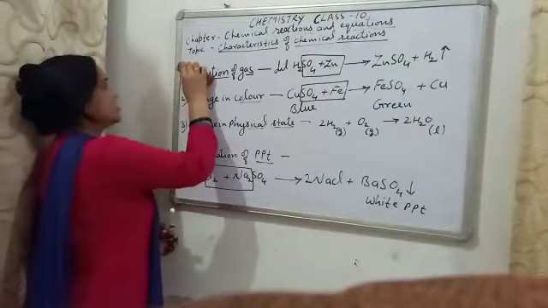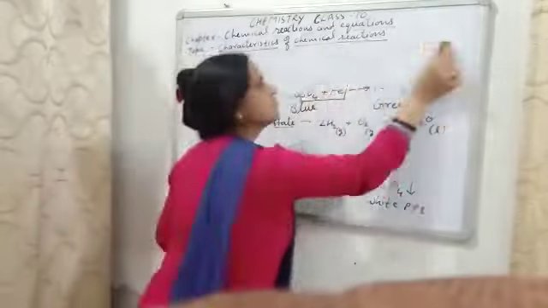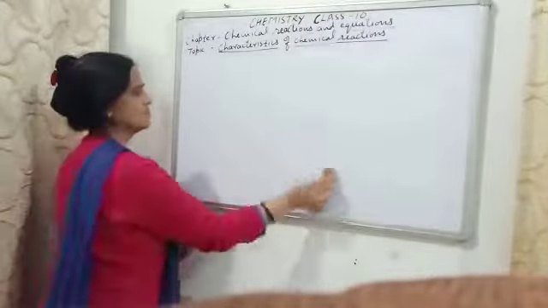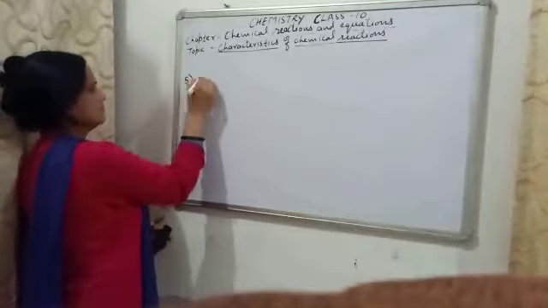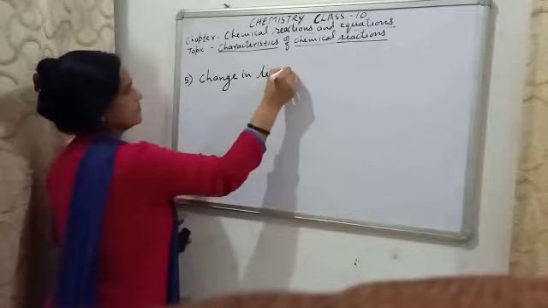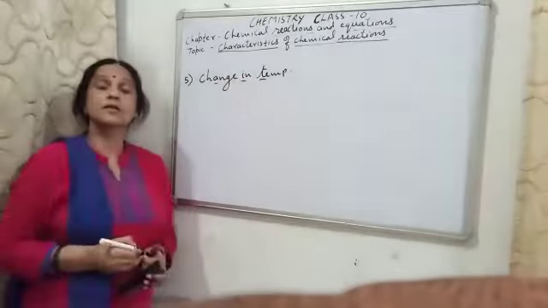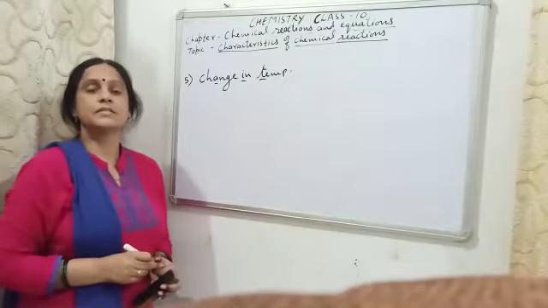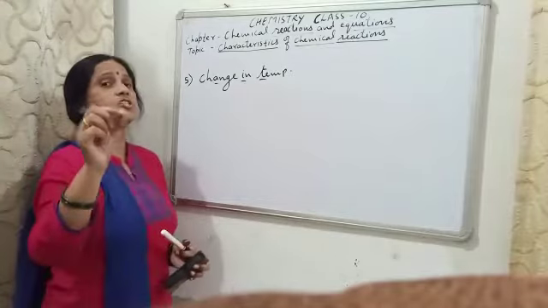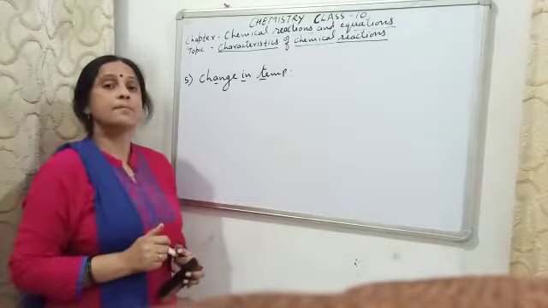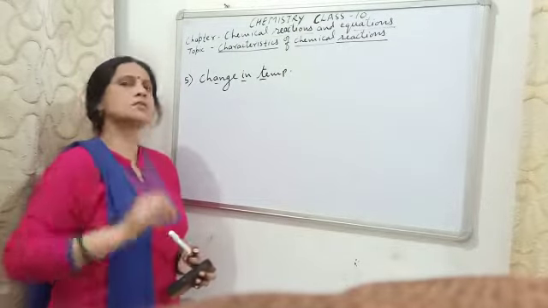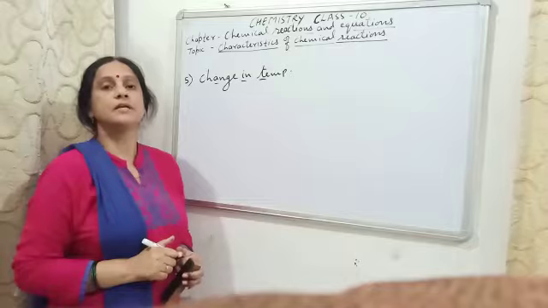The next indication is change in temperature. If we add two or more substances with each other, and if there is any change in temperature, meaning temperature may increase or may decrease, that is also an indication of a chemical reaction.